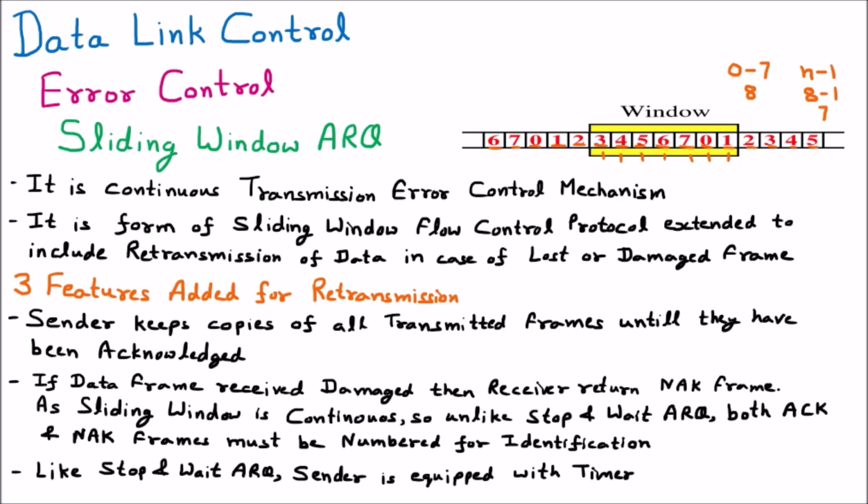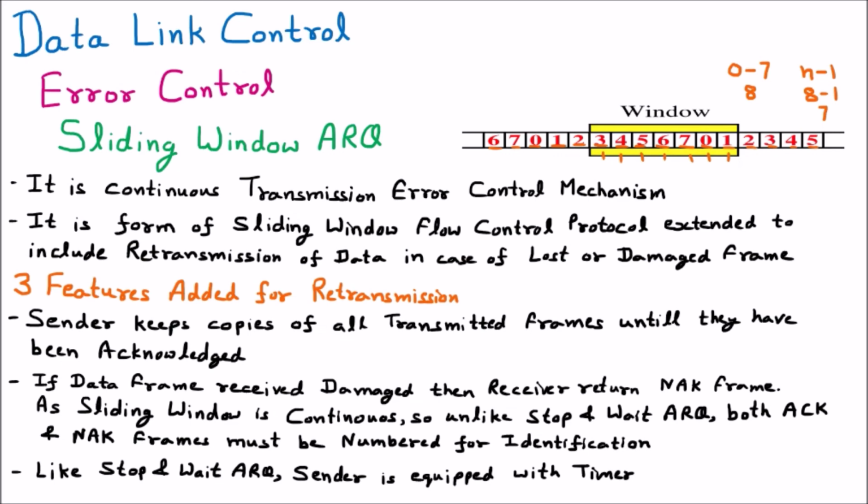So the three features are: the sender maintains the copy of previously sent packets until it gets the acknowledgement from the receiver side. Once the acknowledgement is received, then those copies are not required. Then the second thing is, the sender has a timer, means whenever it is sending the packets, a timer is started.